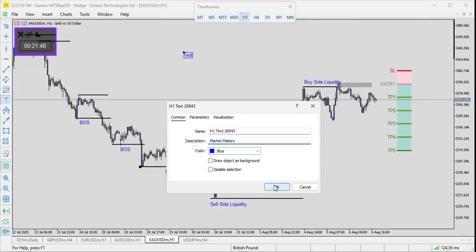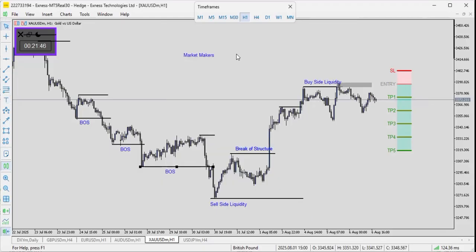We call them MM, or some people call them SMC, smart money concepts, whatever they call them. Some people call them SMT, smart market tools. I was surprised to find out that these market makers also have a system like this, where they already know where retail traders have positioned their stop losses and their take profits.